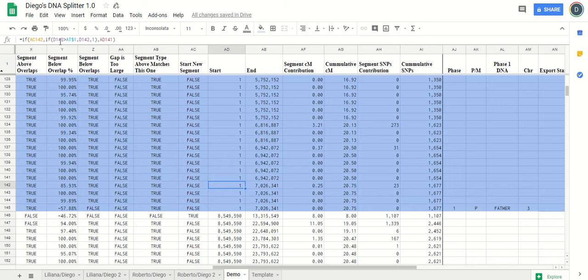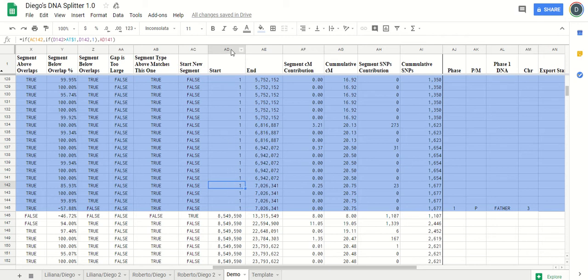If the start is less than 3.7, then we're going to say that the segment starts at 1, because let's say that the segment starts at 292,000. Since it's smaller than the threshold, then we're going to go with the 1. If we're not starting a new segment, then we're just going to propagate whatever we had on the row above.